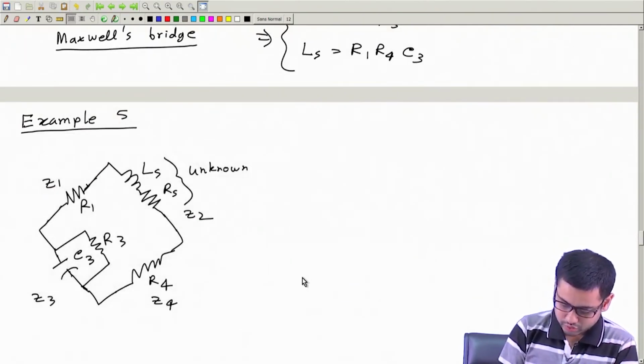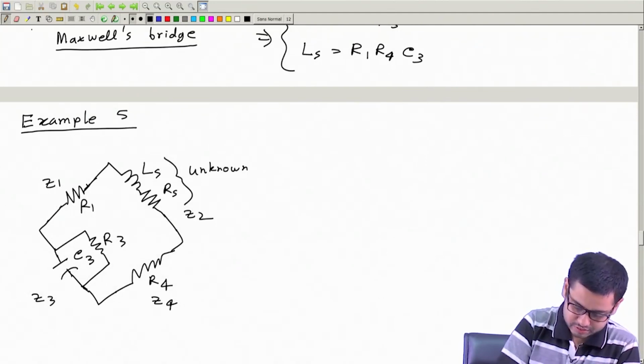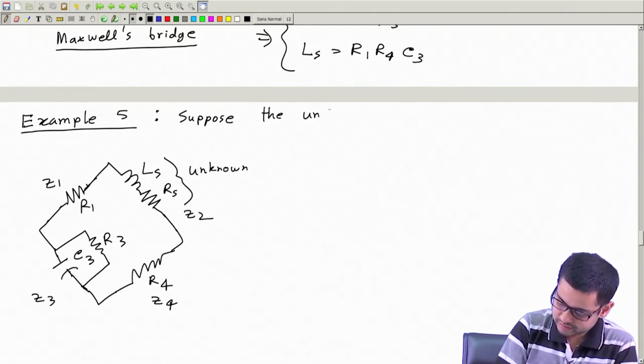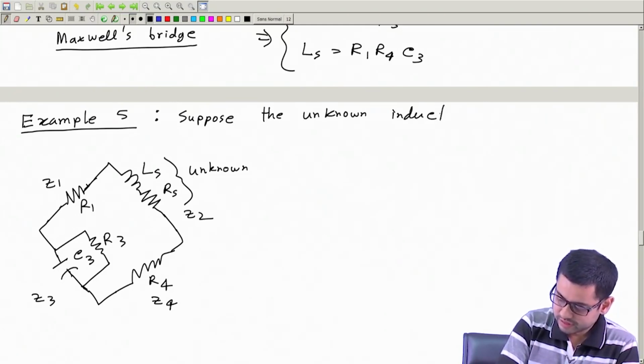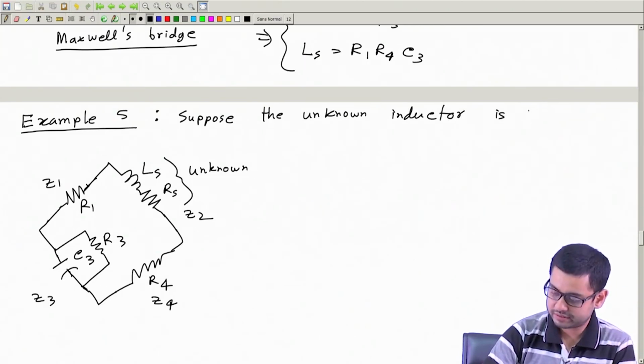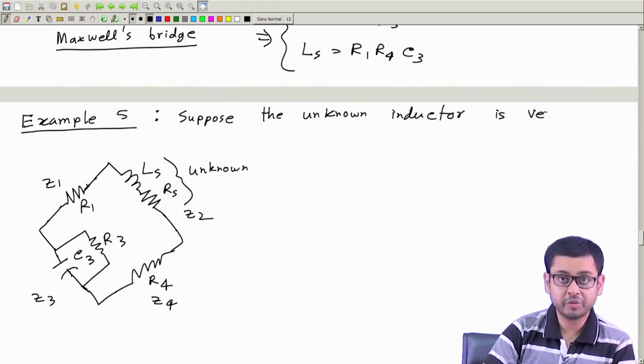Okay. So, suppose the unknown inductor is very close to an ideal one. What do we mean by that? We mean the quality factor, goodness, is very high, Q factor is very high.